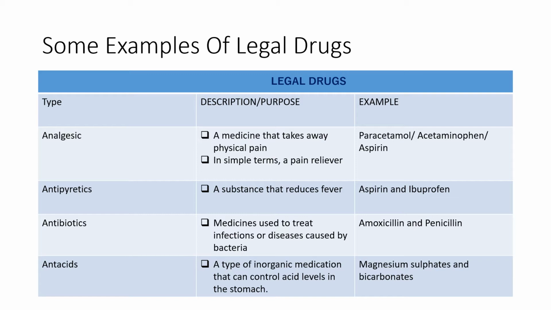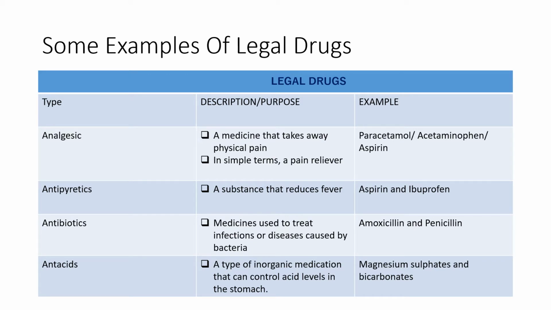For the first one, analgesic, the purpose of it is that it's a medicine that takes away physical pain. In simple terms, a pain reliever. Examples are paracetamol, acetaminophen, or aspirin.